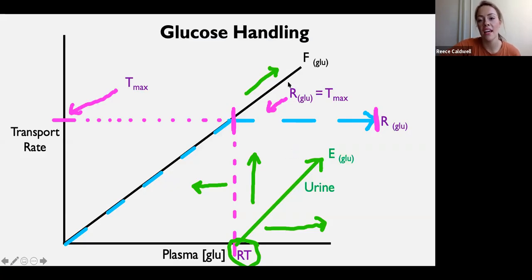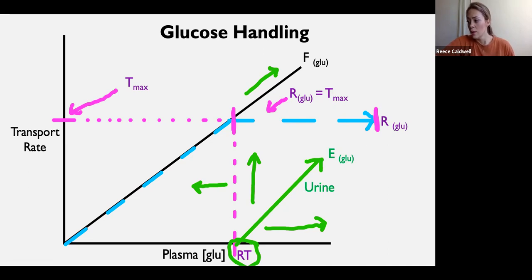So looking back at this, we see that the reabsorption of glucose is equal to T max. The max amount of glucose that we can reabsorb is equal to T max because those transport carriers have been saturated. So once you reach renal threshold, the more glucose you put into the blood, the more glucose you're going to see in the urine, which is a very bad sign.